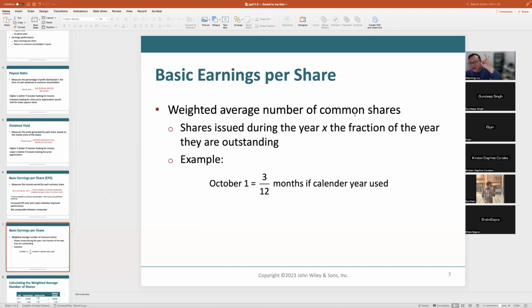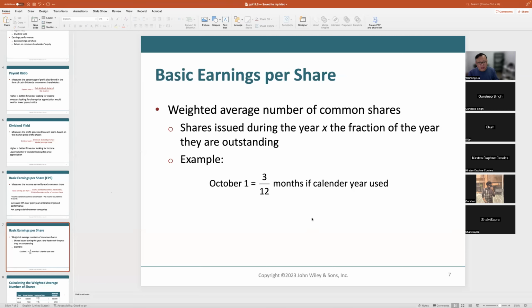So there are 3 months. In each year there are 12 months as a whole year, and in this case the person held the shares for 3 months. So you consider the weight as the amount of time of your holding, which is 3 months, divided by the 1 year, 12 months. So the weight is a quarter, 3/12.